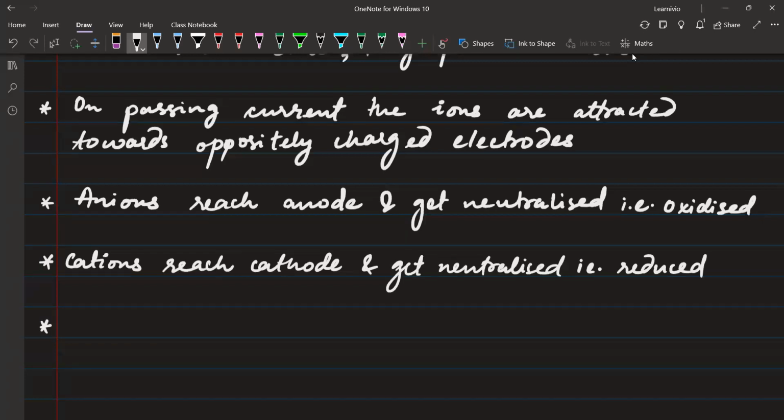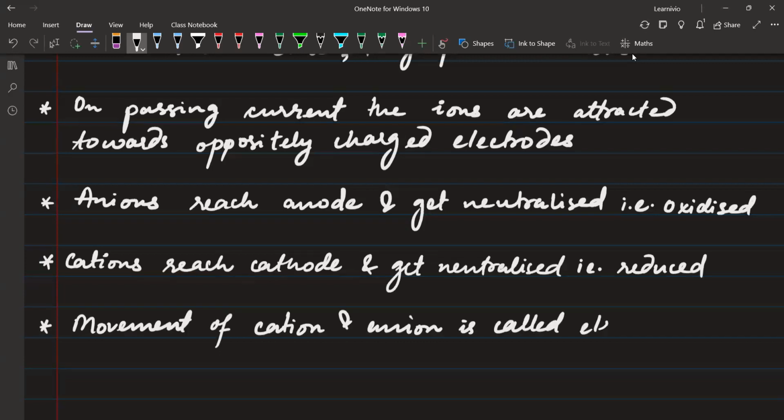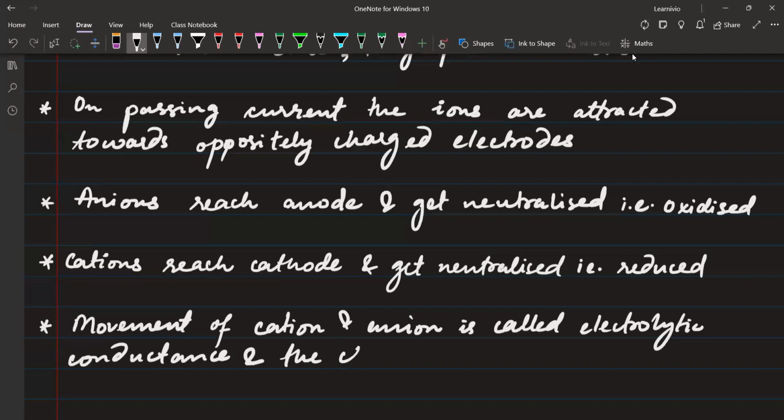Next point you will write: movement of cation and anion is called electrolytic conductance, and the change is known as primary change.